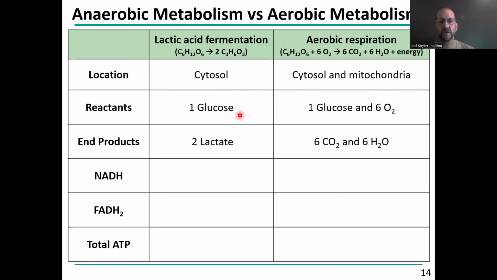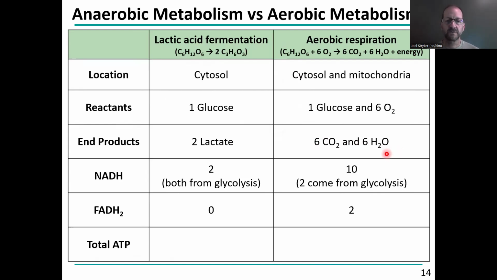Reactants, 1 glucose for lactic acid fermentation, just the glucose, and the end product is 2 lactates. For aerobic respiration, you have 1 glucose and 6 oxygens. End products are 6 carbon dioxides and 6 waters. NADH, 2 come from lactic acid fermentation, both from glycolysis. For aerobic respiration, NADH gives you 10. We just talked about where all 10 of those are coming from.